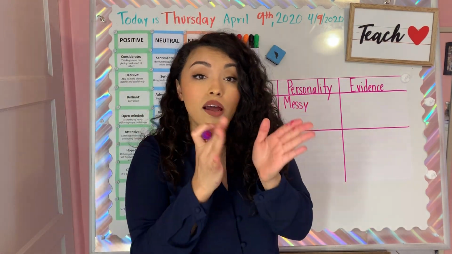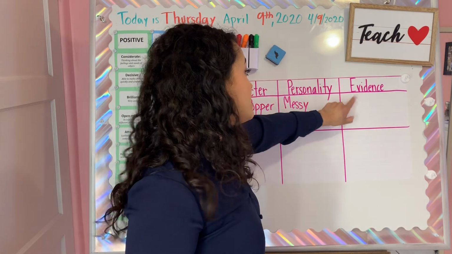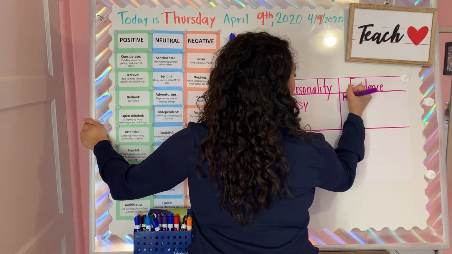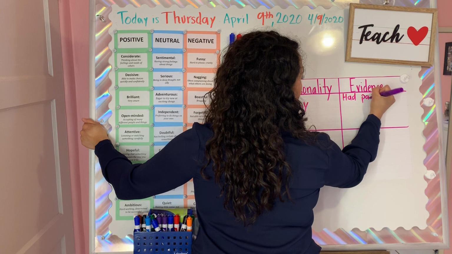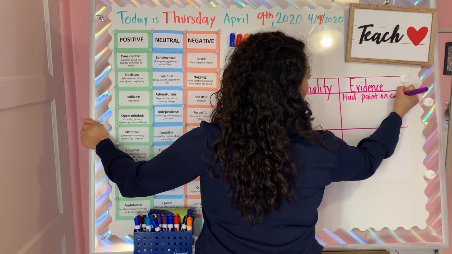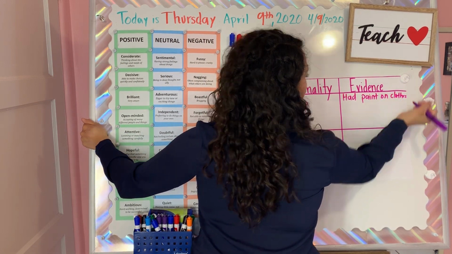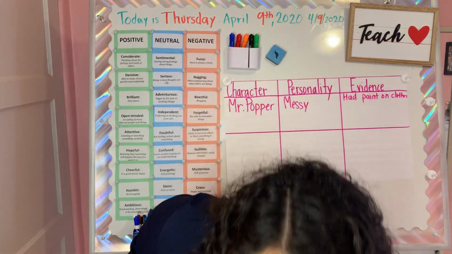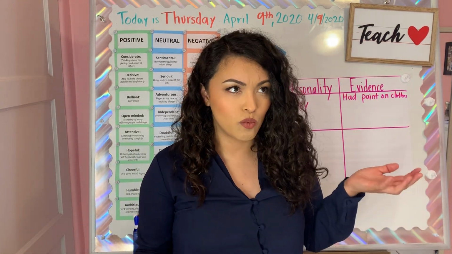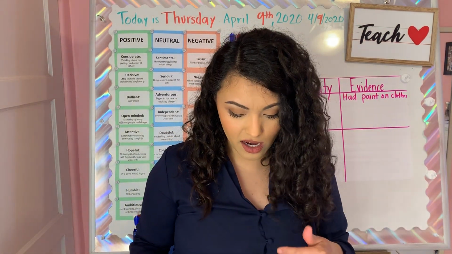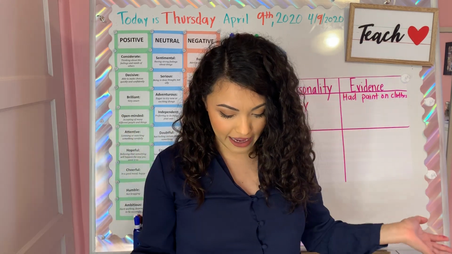So I'm going to sum it up. I'm going to make this very short. So, had paint on clothes.